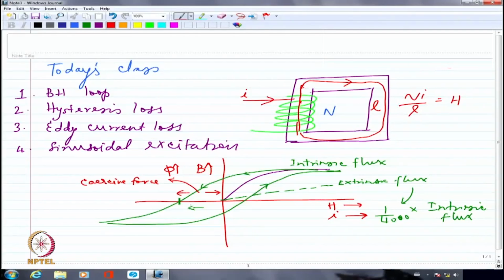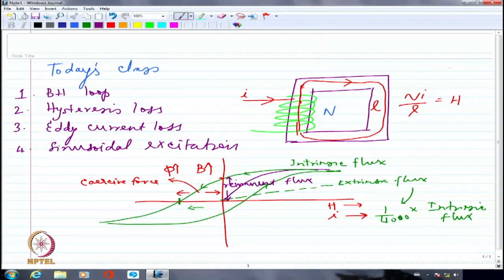And if you look at this point where I have 0 current, but a certain value of flux density left over from the previous alignment, that flux is remaining. So we call this the remnant flux. This is essentially remnant flux, whereas that other one is the coercive force, right?